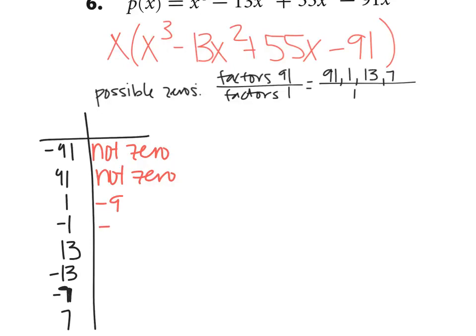Sorry, it's 110? Okay. What about 13? Negative 338. Negative 13? 59,150. Not 0. Negative 7? Not 0. What was positive 7?